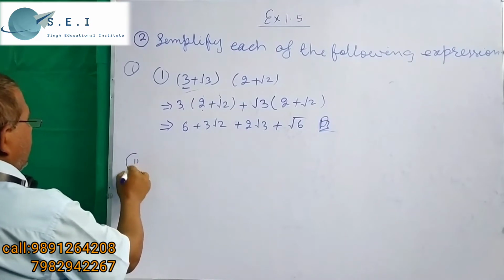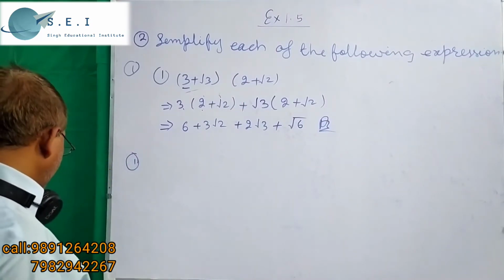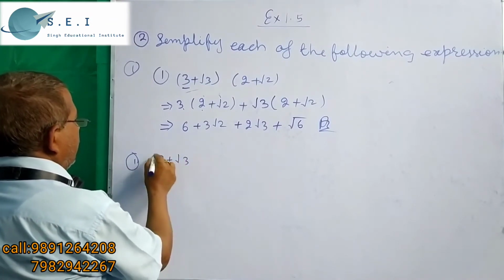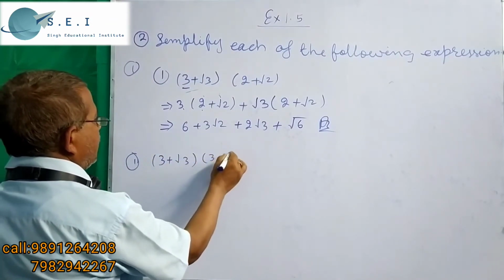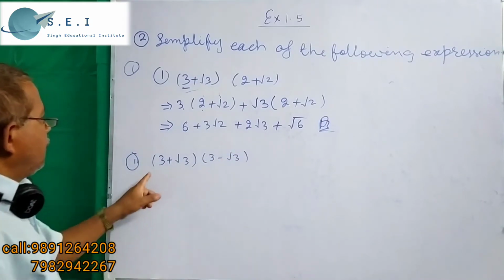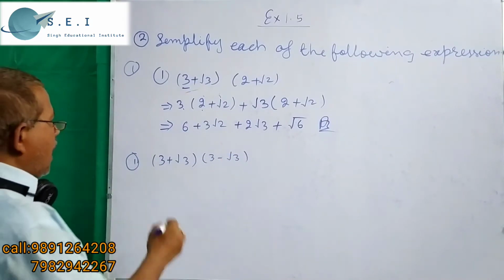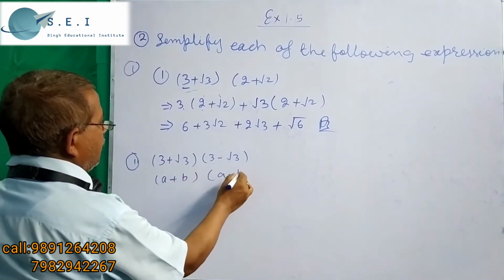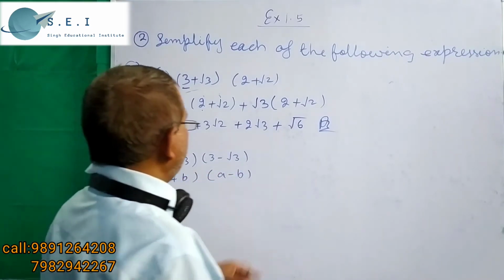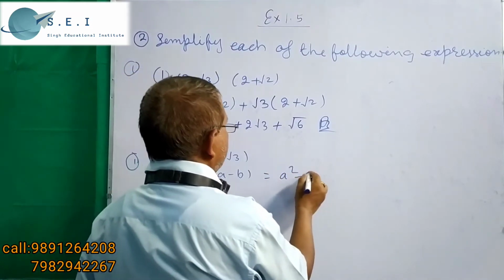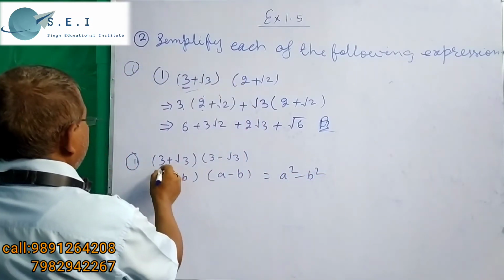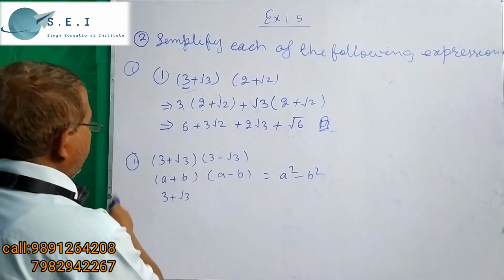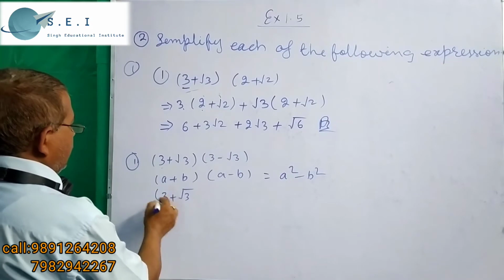Second part of question number 2 is 3 plus root under 3 multiplied by 3 minus root under 3. We can apply here the identity a plus b into a minus b, which is equal to a square minus b square. So 3 is assumed to be a and root 3 as b.